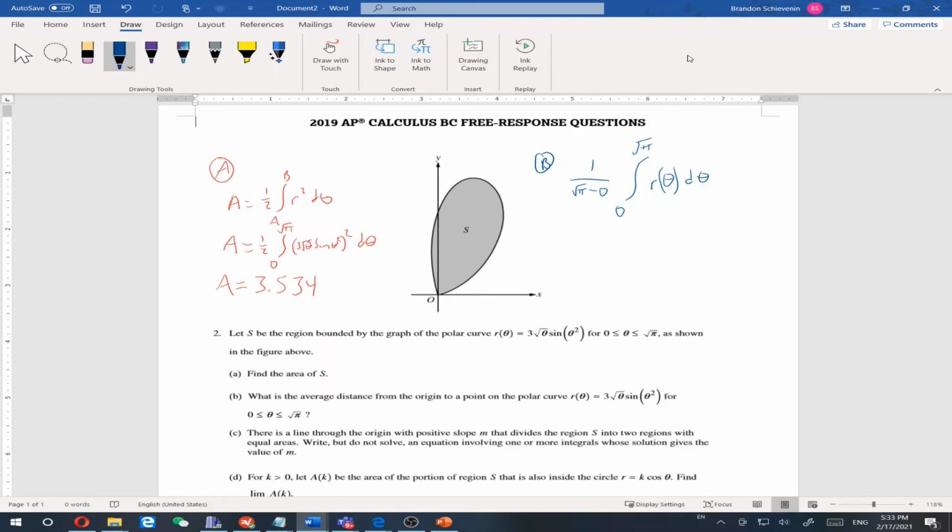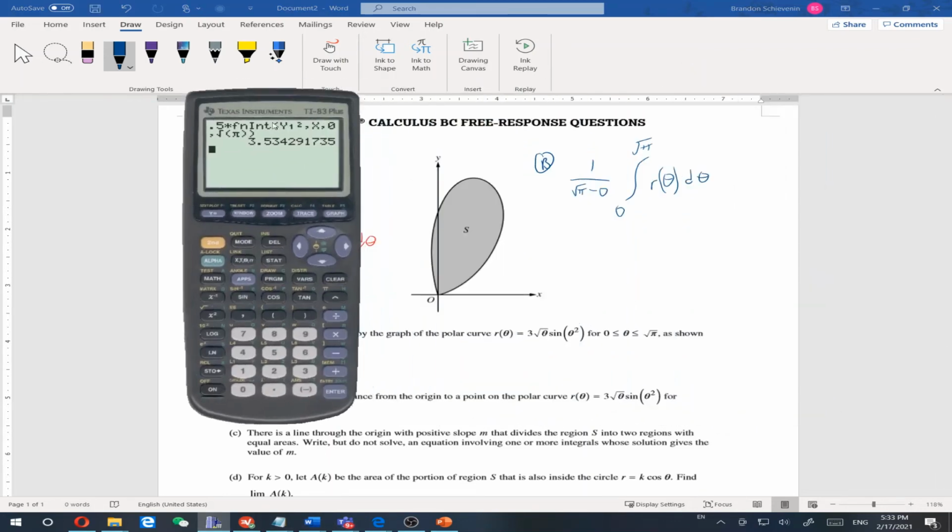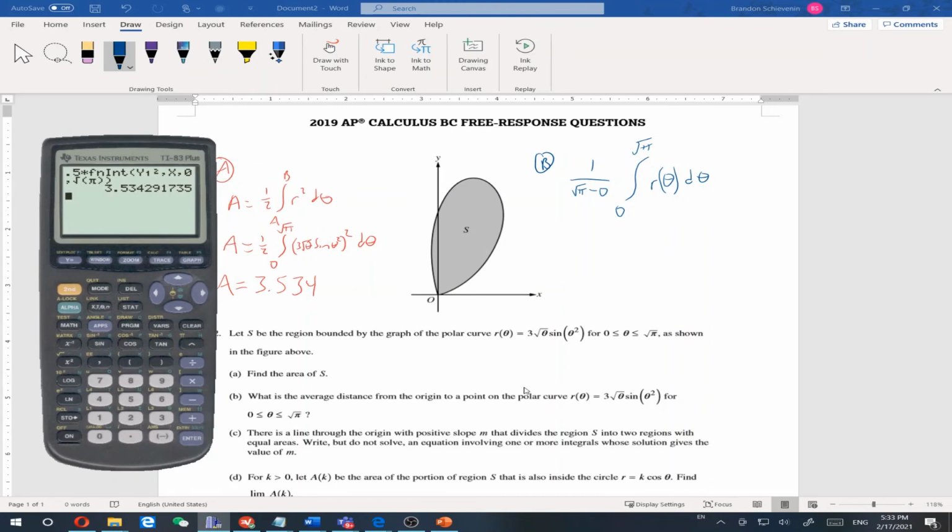And we can plug that in. So we already have our function r right now is our variable y1. So this is going to be 1 over the square root of pi times math 9, the integral of variables y variables function y1 in terms of theta, which for us is in terms of x because we're still in the rectangular, from 0 to root pi.